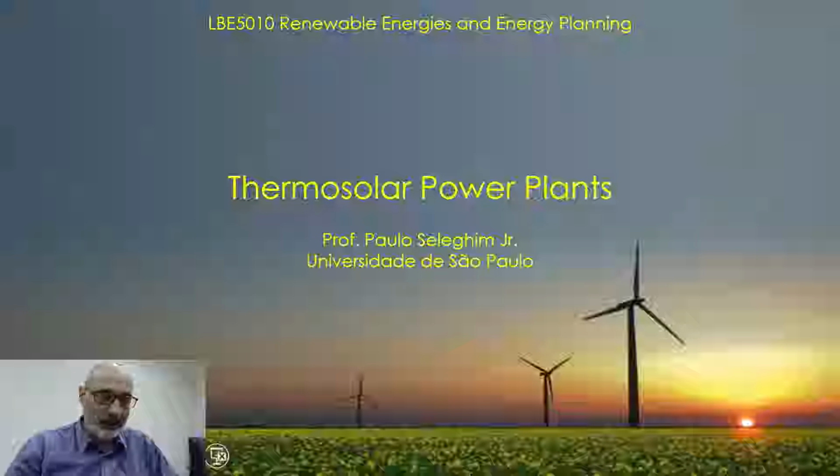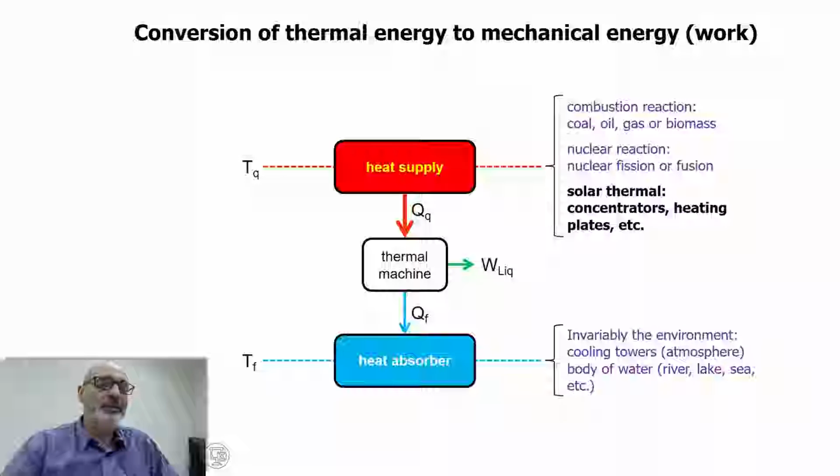Just to remember, this is one of the classes related to thermal energy conversion. As I showed you before, it's always like this. You have a thermal source and a cold source or a cold absorber, which is always the environment. As our heat supplier, we already analyzed the possibility of a chemical reaction, such as combustion of coal, oil, or gas.